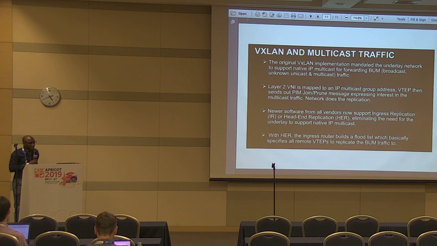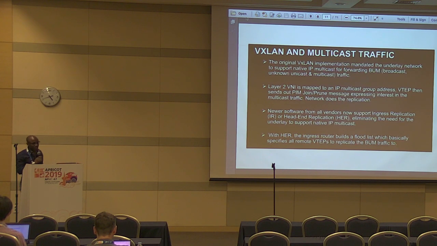Vxlan and multicast traffic. Again, with the vanilla Vxlan implementation, the draft actually mandated that the underlay network supports native IP multicast. In which case, you're going to have your PIM, your rendezvous points, IGMP and all those jars going on in the underlay.